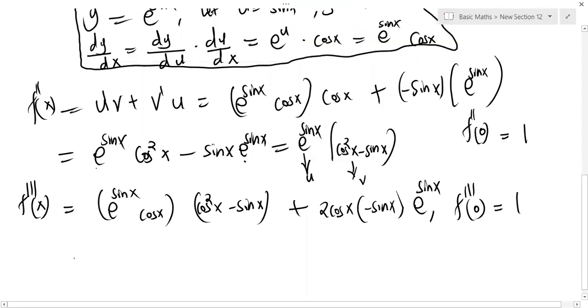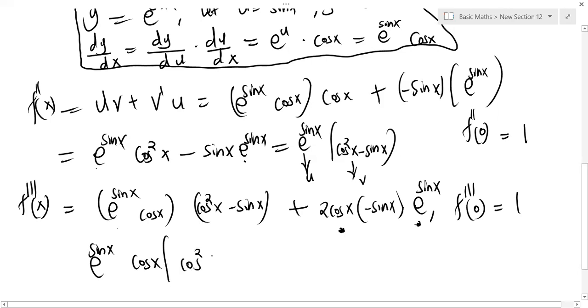So the third derivative here is, let's say, so we have this. Try and see if we have any common terms that we can factor out to make our work easy. So here we have exponential sine x, here we have cos x, and here we have... so we can factor out exponential sine x cos x. Then what does that leave us with?